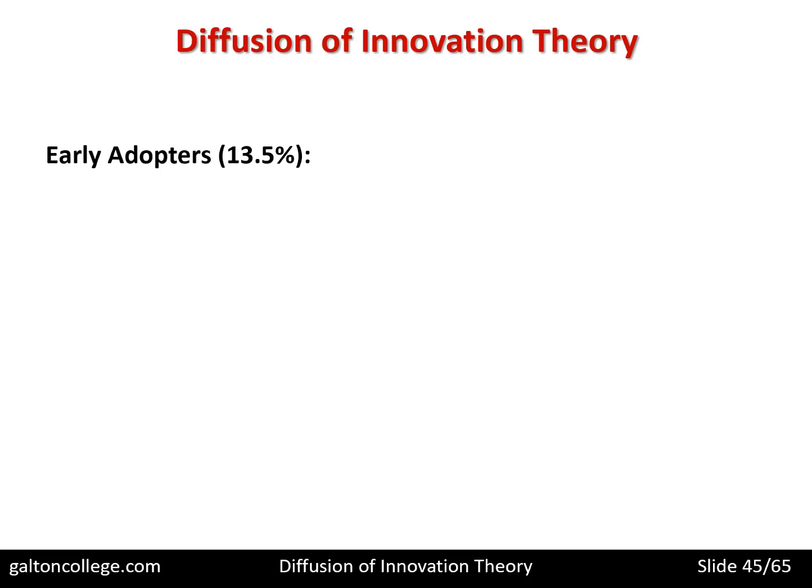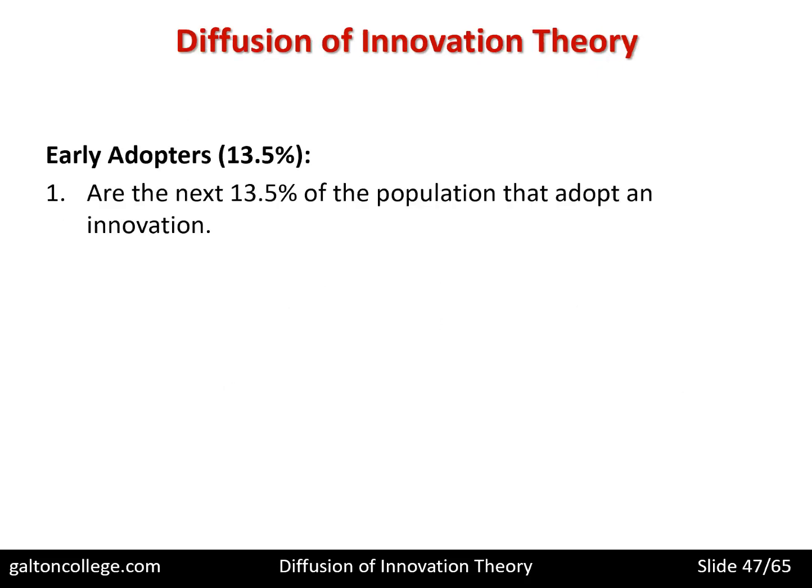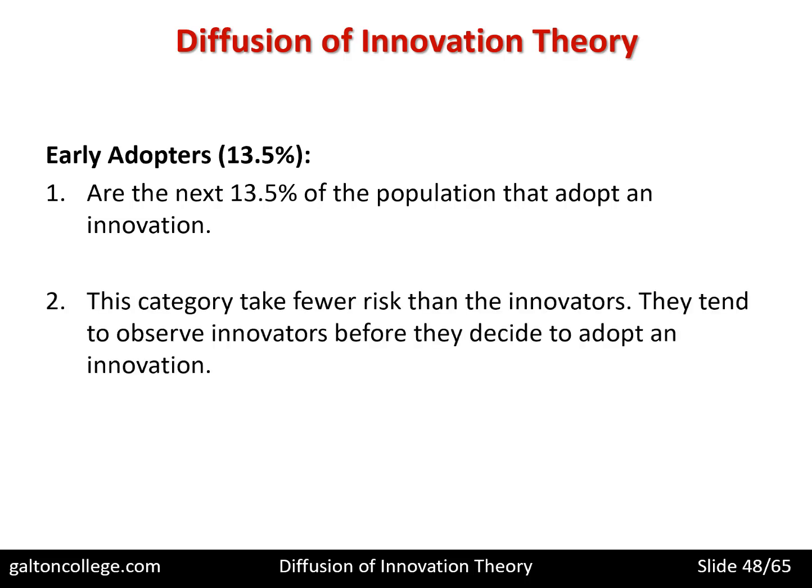Early adopters. If we look at the early adopters, they're the next ones along the line, around 13.5% of the population that adopt innovation. This category take fewer risks than the innovators. They stand back a little. They want to make sure that this innovation is going to work, that it's a good idea, that unforeseen problems are not going to just pop up.